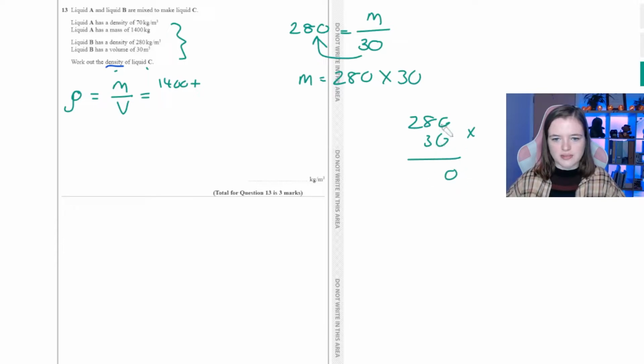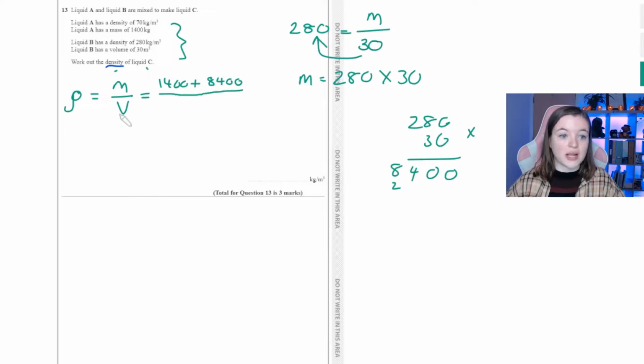So 3 times 0, nada. 3 times 8, 24. 3 times 2, 6, 7, 8. 8,400. There we are, 8,400. So I'm going to add that on, and that would be the mass of C.